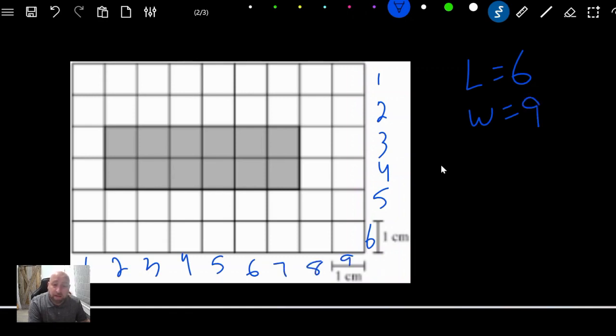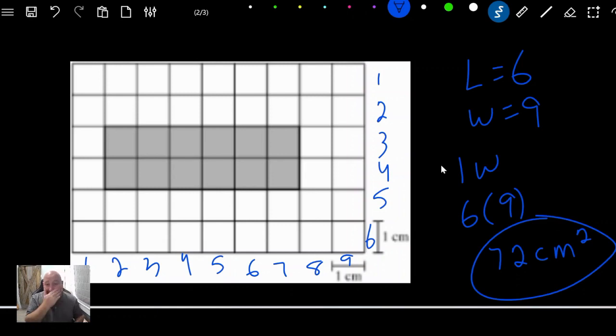The width equals 9. Now we're just going to plug that into our formula. What's our formula? LW. So we have 6 times 9, and 6 times 9 equals 72, and it's centimeters, so we have cm squared. So there you go. The area of the big shape is going to be 72 centimeters squared.